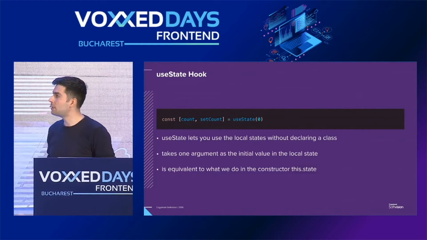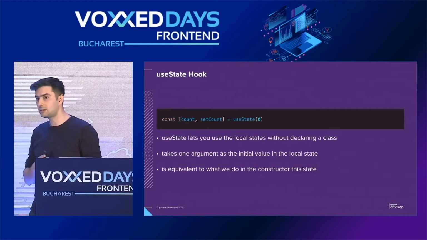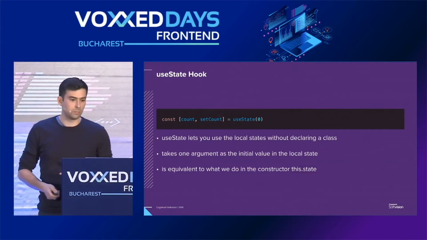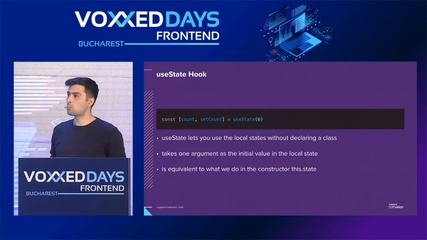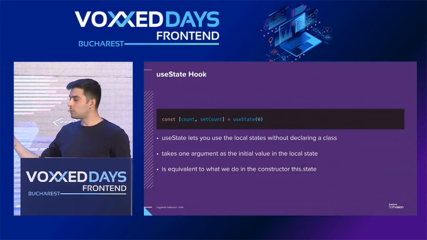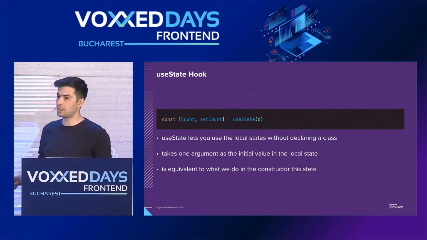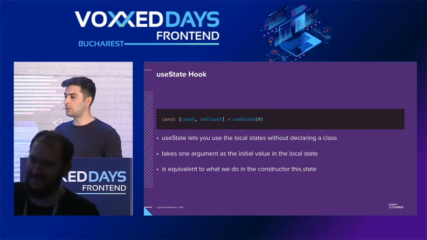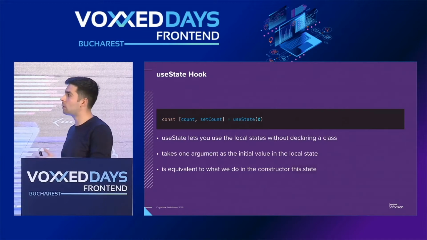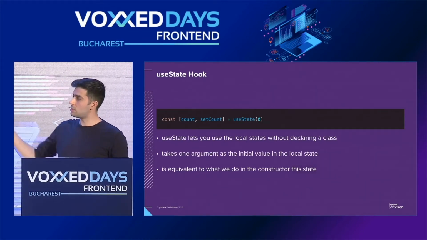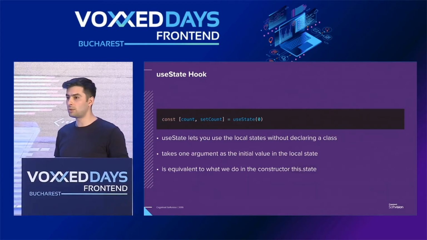By destructuring this array, we get the state and a callback to set that particular state. This is the equivalent to a lot of things that we had to do in class components. In the constructor, we had to set state, and then when we needed to update, we had to set the state again with the new value. So with this 1 line, we get all those.